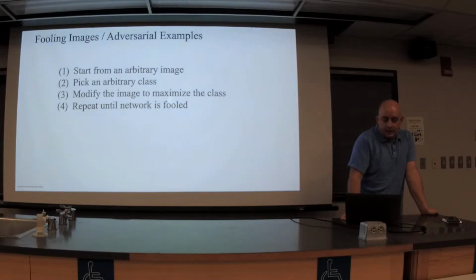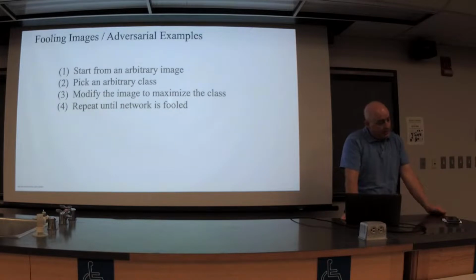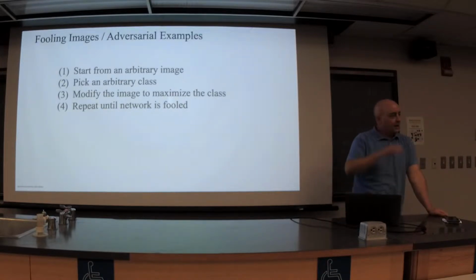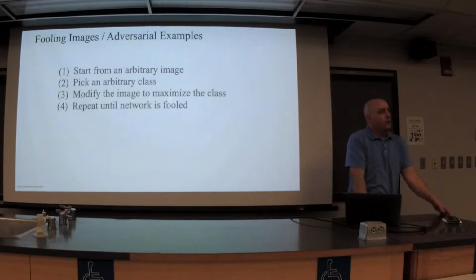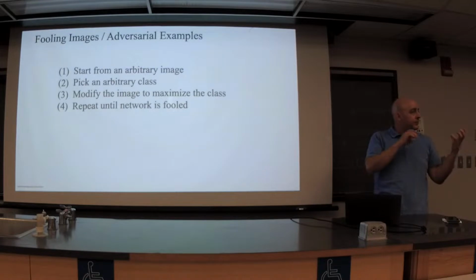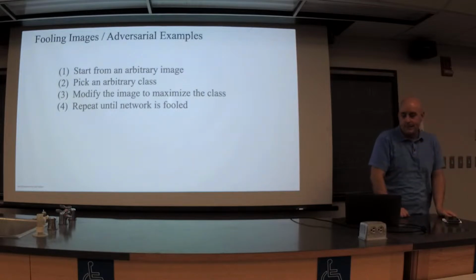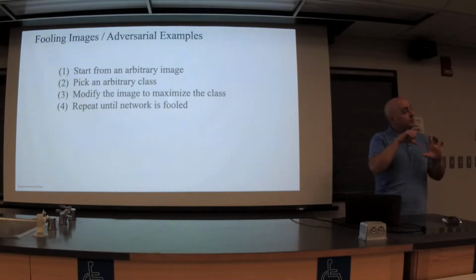So you start with, it says, an arbitrary image. Let's just start with any image, and then just pick another class. Okay. Now your job, you're an adversary. So the network right now is really good at classifying that image as whatever objects are in that image. But you want to make it so that it classifies that image incorrectly.